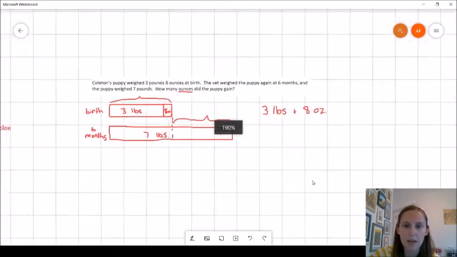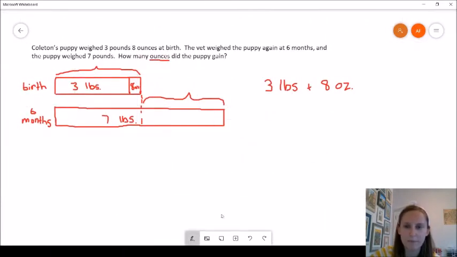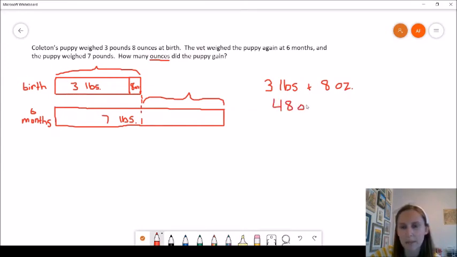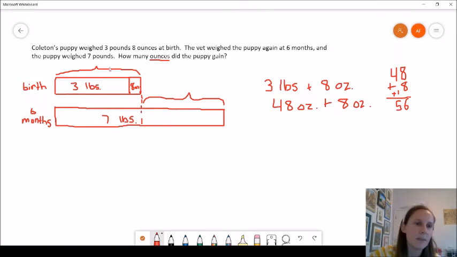So I know that my 3 pounds here is 48 ounces. So now we need to do 48 ounces plus the 8 ounces that we have. So we need to do 48 plus 8. If we do 48 ounces plus 8 ounces, which is 3 pounds plus 8 ounces, that gives us a sum of 56 ounces. So this means at birth, the puppy weighed 56 ounces.